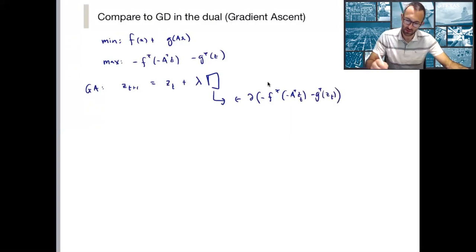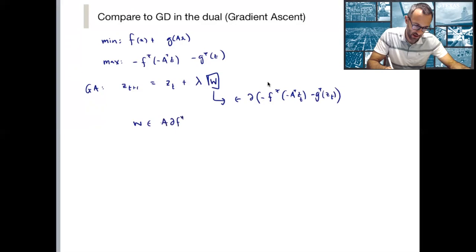In other words, I think it'll be easier if I put something in this box here. Let's call this W. So W is an element of, carrying out the chain rule, a subdifferential of f star at minus A transpose z_t minus a subdifferential of g star at z_t.